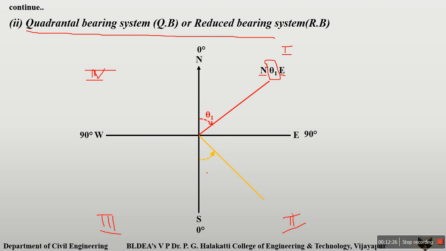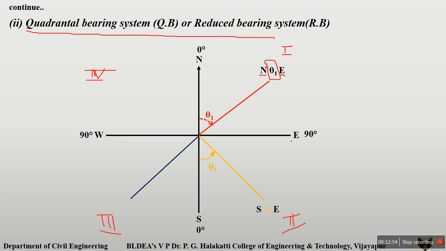Here it is 0, here it is 90, so in the anti-clockwise direction we are taking the readings. This theta is assumed as theta 2. For the rating of this theta 2, it is in between the south and east, so you can write it as S theta 2 E.